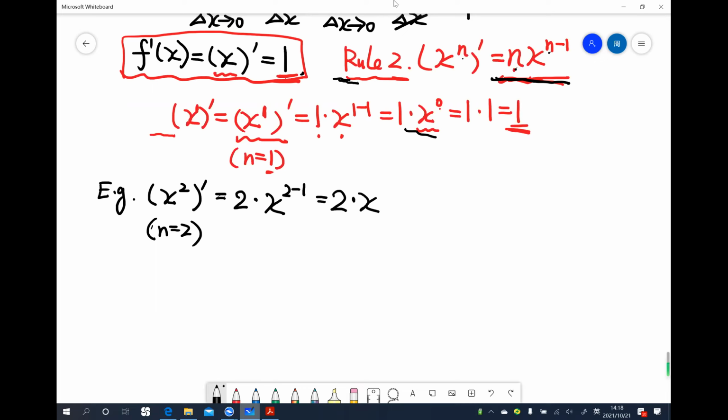Mostly we don't write the power 1, right? So now we know x squared prime equals 2x. So here we know x squared prime equals 2x. Can you understand?